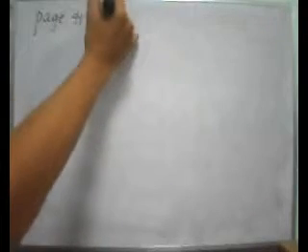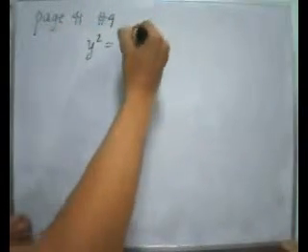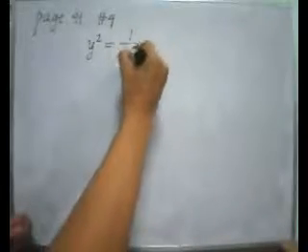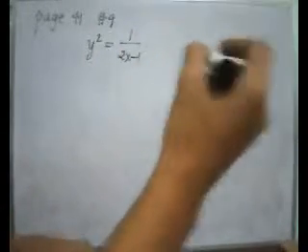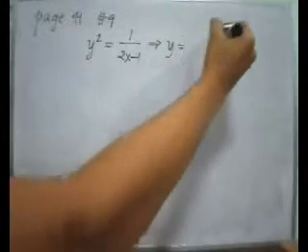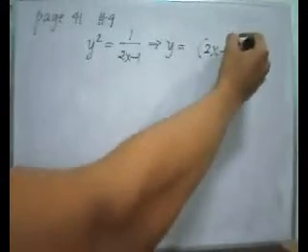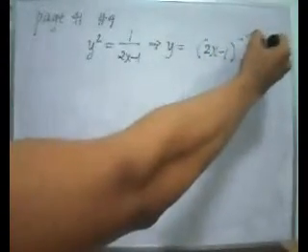Okay, so we now have the following solution of the differential equation: y is equal to 2. Okay, let's try to check page 41, number 9. We are given a solution y squared equals 1 over 2x minus 1. Now let's prepare, we have here y equals 2x minus 1 raised to negative 1/2.